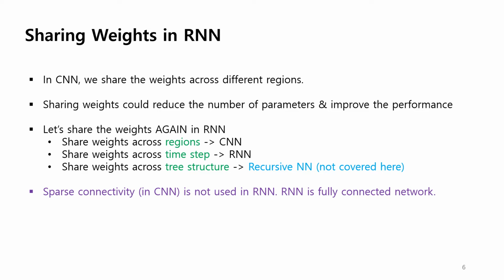The only difference is that in CNN, they share weights across different regions, different areas, and in RNN, they share weights across different time steps. Actually, you can significantly reduce the number of weights in both RNN and CNN. So CNN and RNN both use weight sharing.